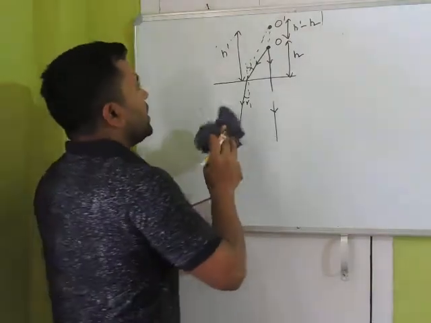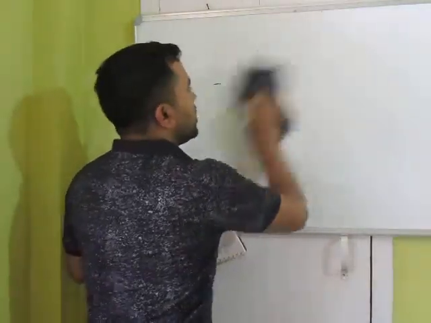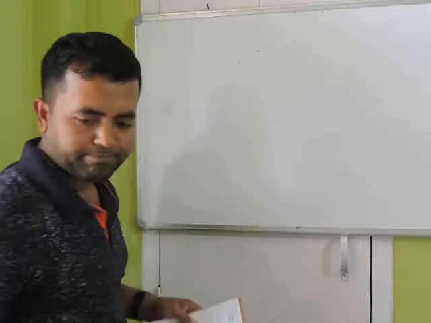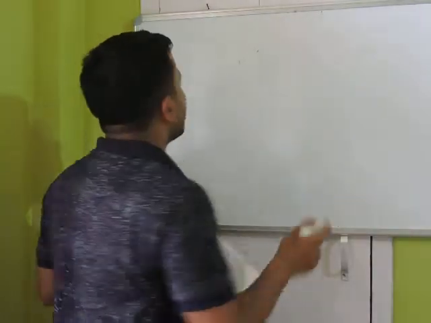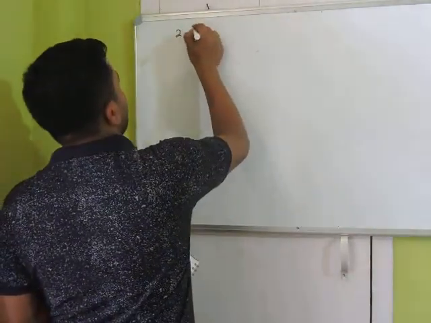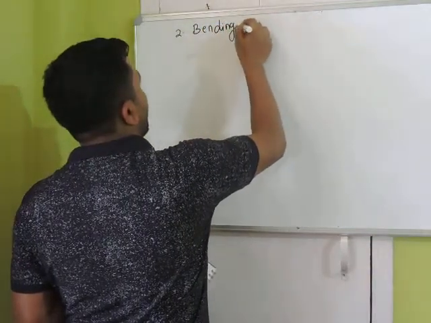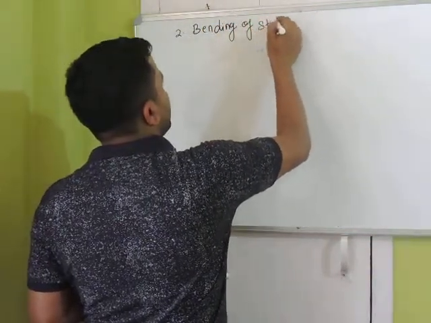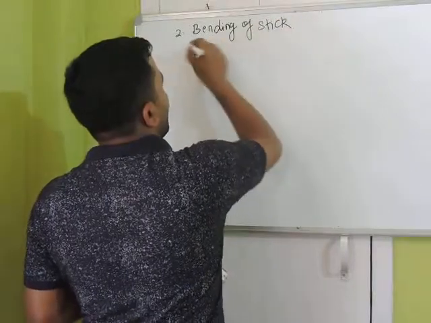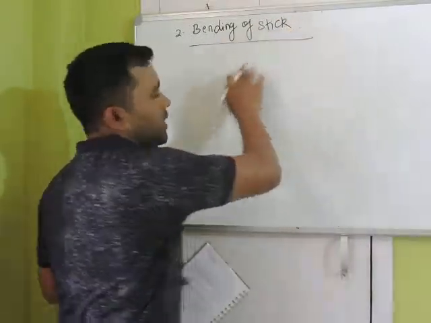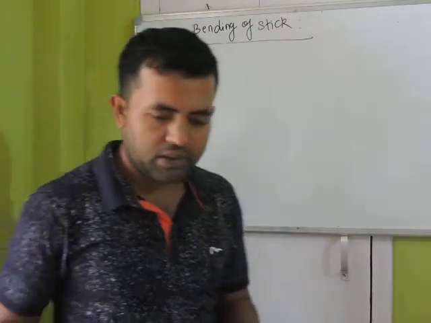Now, next thing we are going to talk about is bending of a stick in water. The stick is just a thing, it can be a pencil, pen, anything.